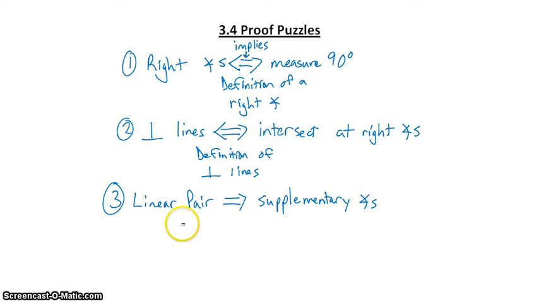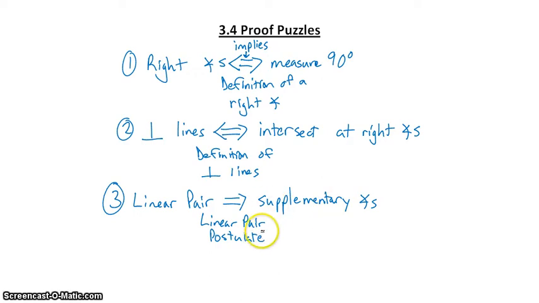Well, this is different than the definition of a linear pair. The definition of a linear pair is adjacent angles whose non-common sides form opposite rays. That doesn't say anything about supplementary angles. The reason that I can go from angles forming a linear pair to those angles being supplementary is the linear pair postulate.